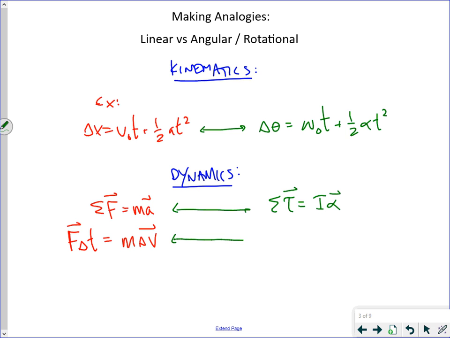We can translate that over here and say net torque times delta t equals I delta omega. If you remember, these are ways of calculating an object's change in linear momentum. Well, these are ways of calculating an object's change in angular momentum.